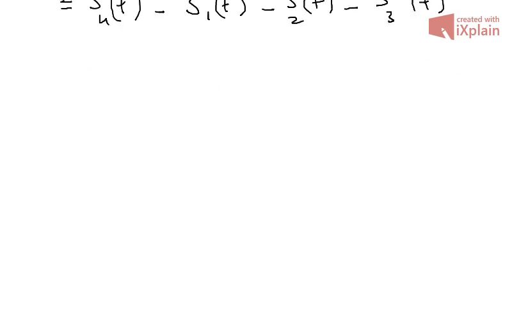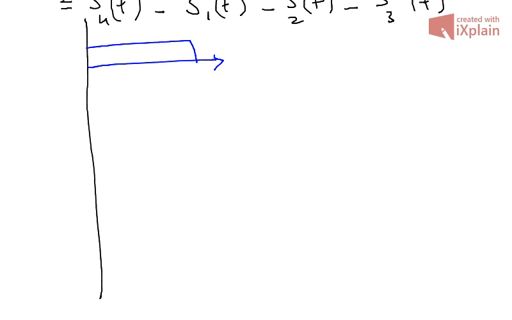Let's see it graphically. You have 4 signals now. Let me plot them on the same axis so that we can easily subtract. You have S4 of t here, plus 1. This is your S4 of t.